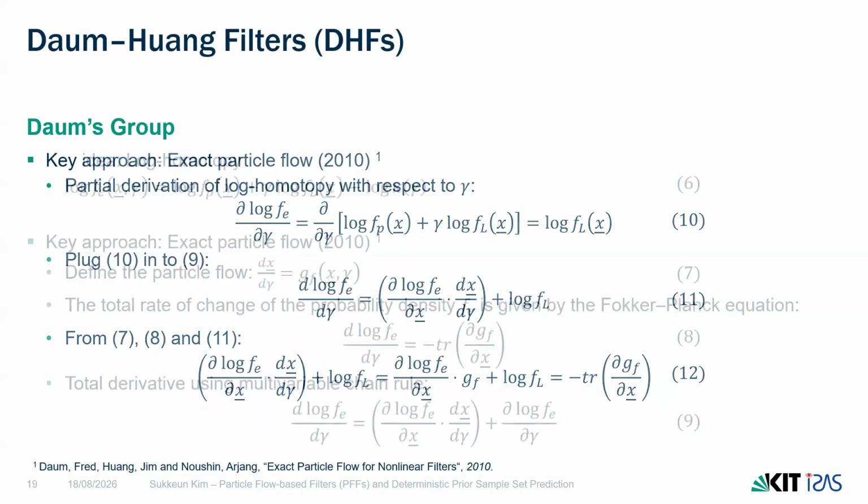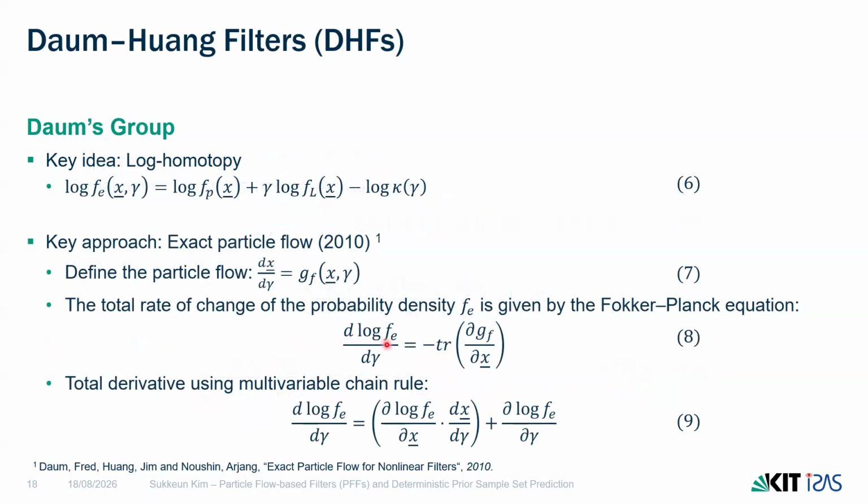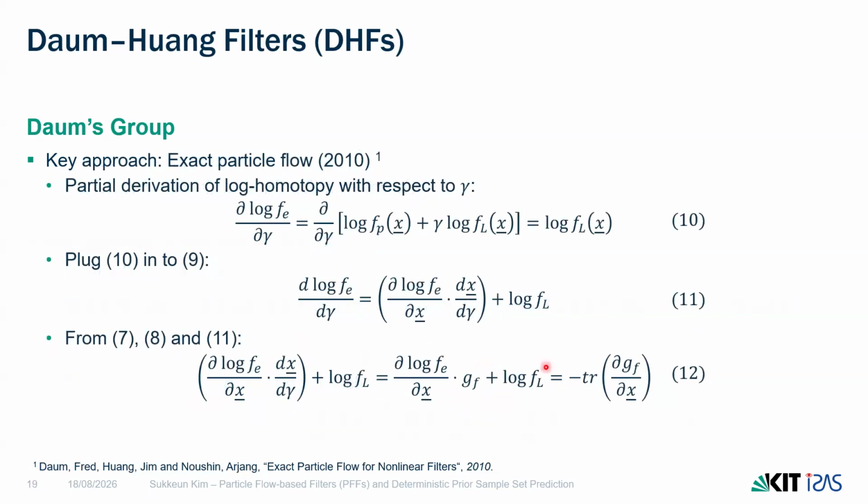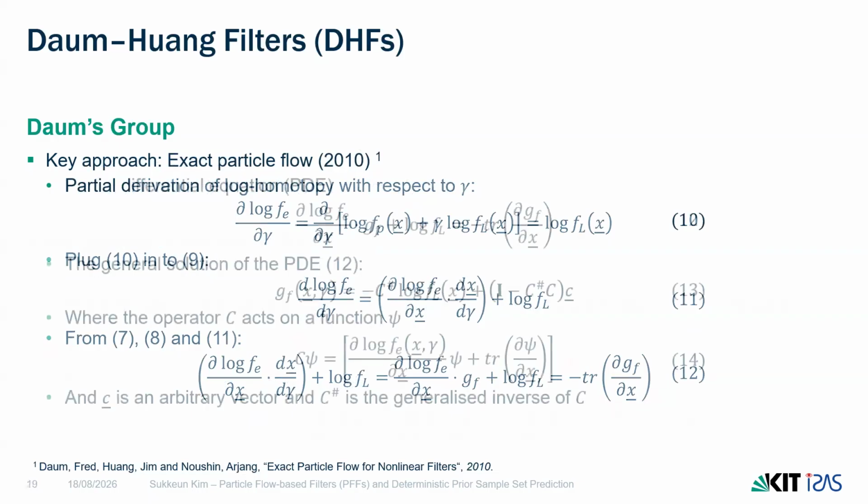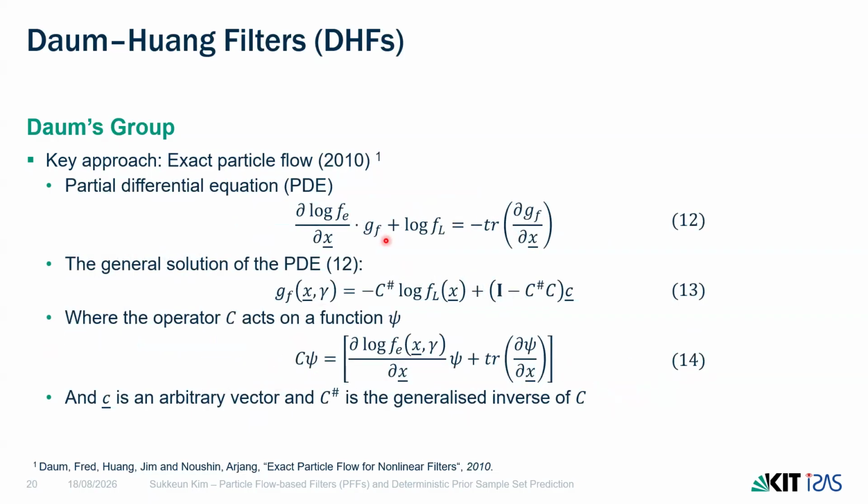If you remember the Fokker-Planck equation, d log of the posterior d gamma is equal to the trace of this one. This ends up with the partial differential equation, PDE, as shown in equation 12. What we have to do is find g f, which is the change of the state x, or in this case the particles, with respect to the change of gamma.